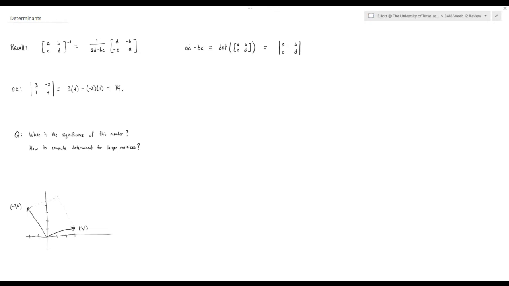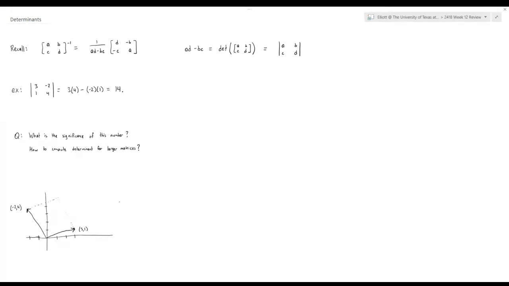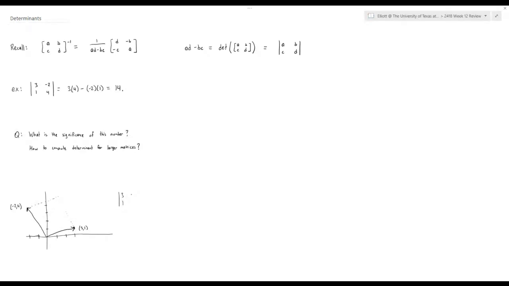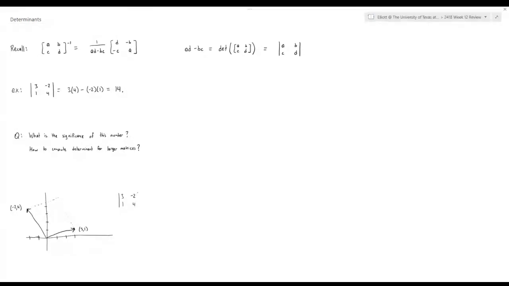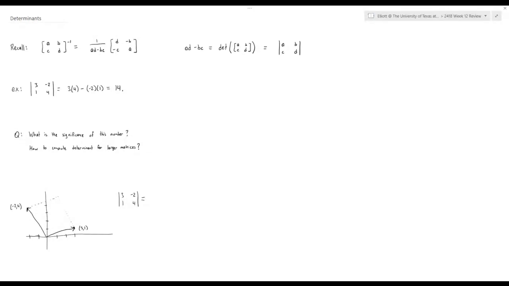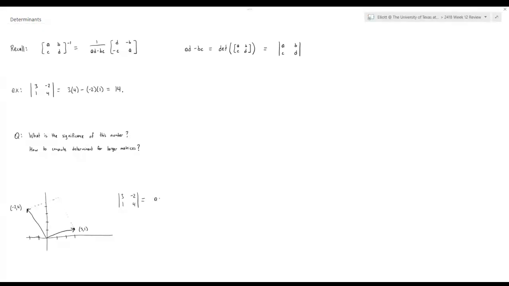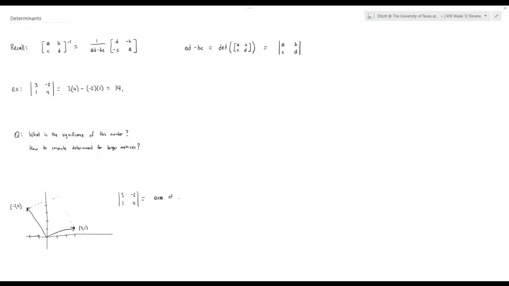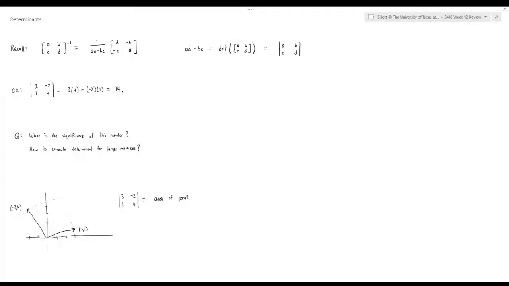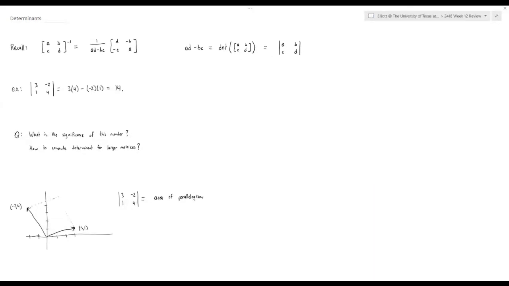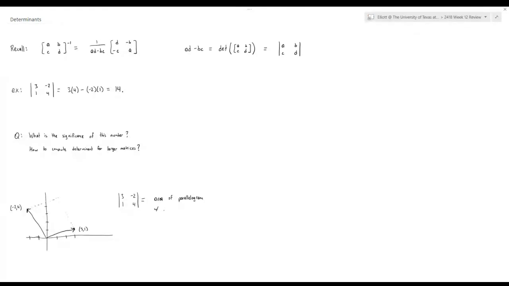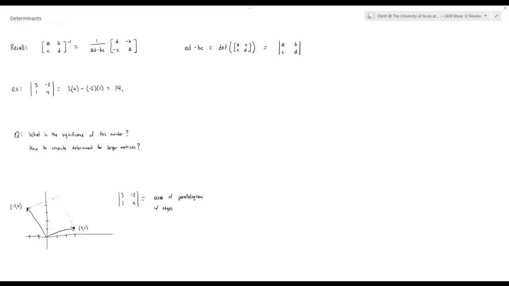It turns out that the determinant of this matrix is computing the area of this parallelogram, with edges determined by the two vectors 3, 1 and negative 2, 4.